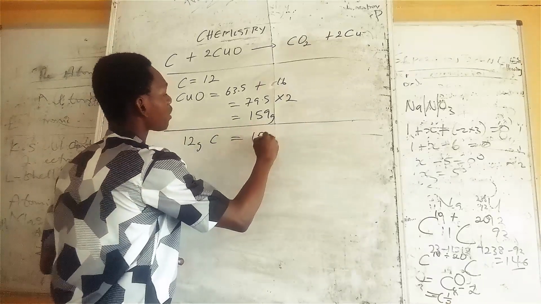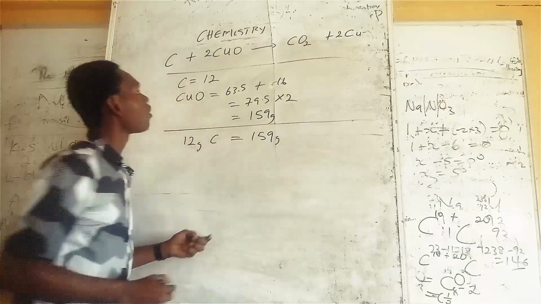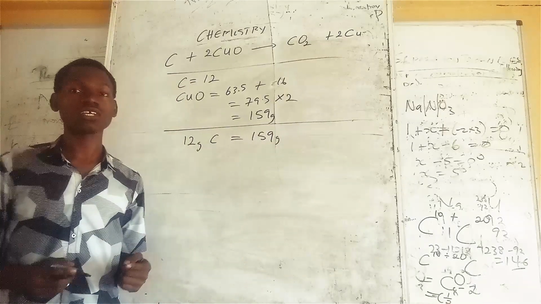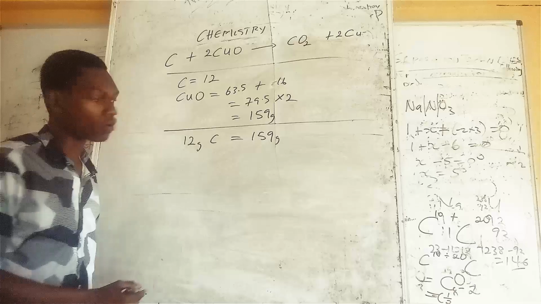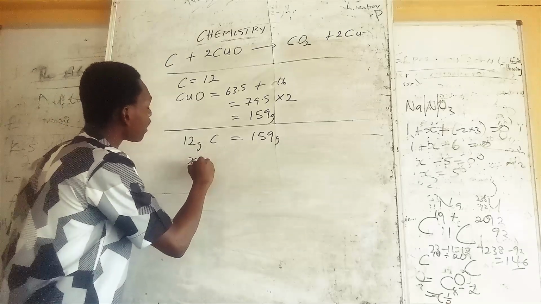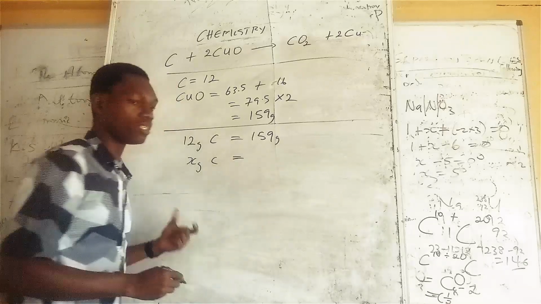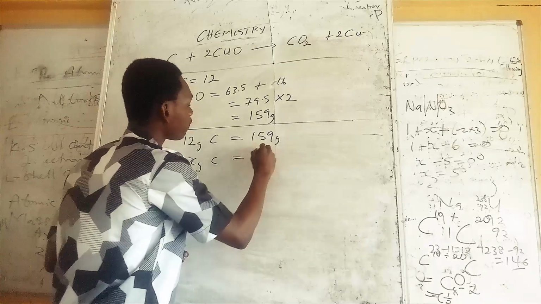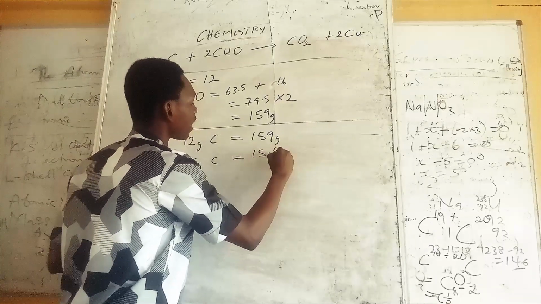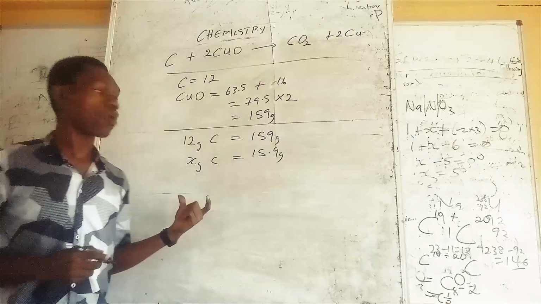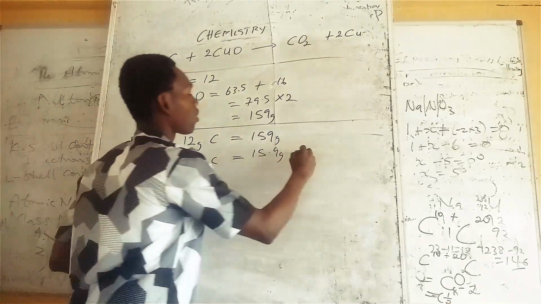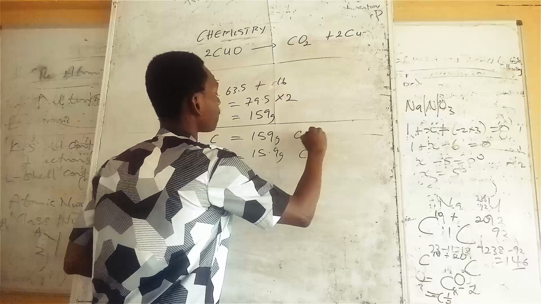So what this implies is that 12 grams of carbon from the equation reacts with 159 grams of copper oxide. Now from the question we are asked how many grams of that same carbon will be needed to react with 15.9 gram of copper oxide.